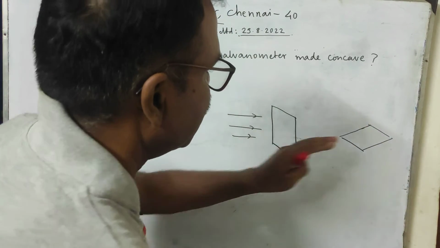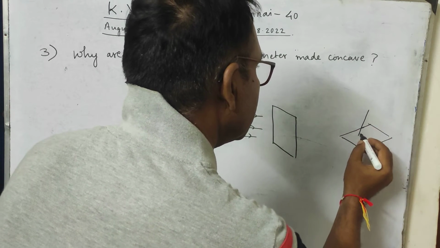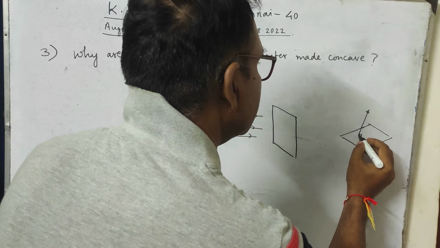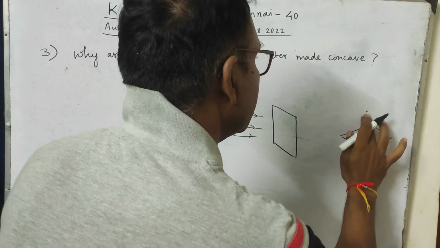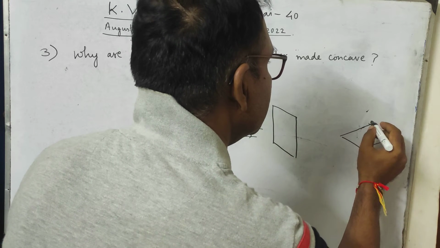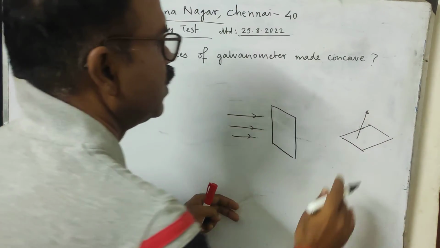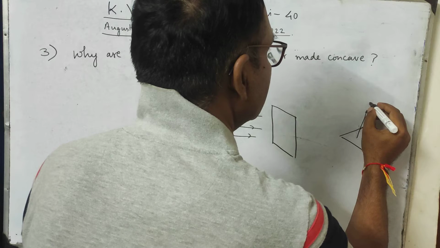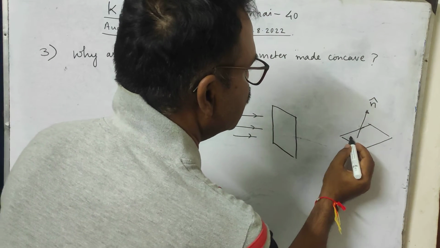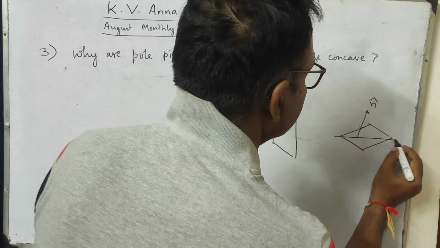This loop I have kept like this. So this is the normal, called the surface vector. Normal to this loop. Yeah, this is the normal, the surface vector. Let me denote it by n cap. And suppose this is your B.